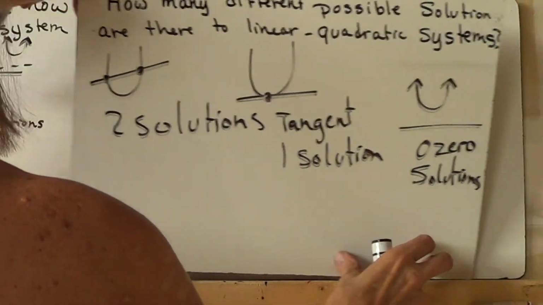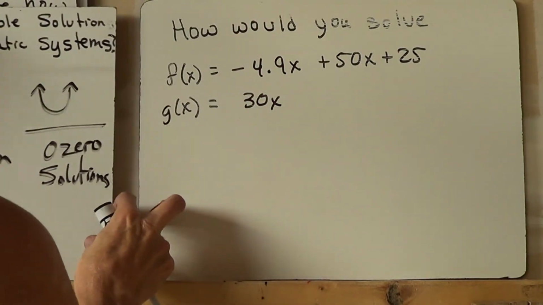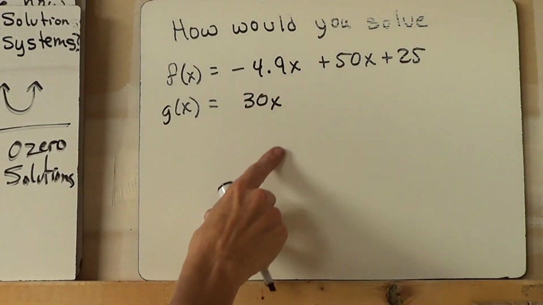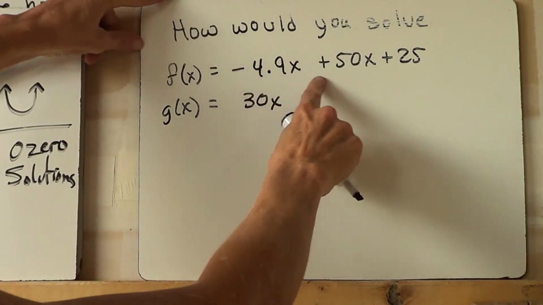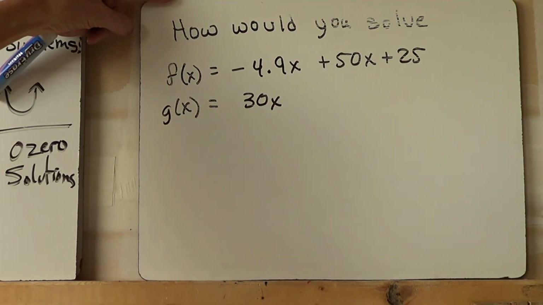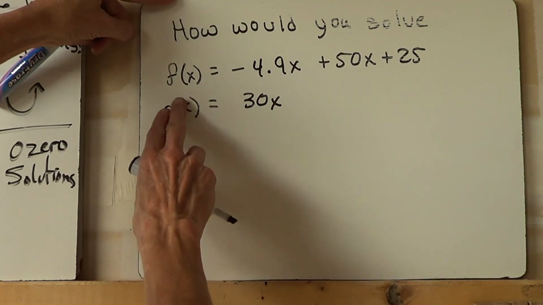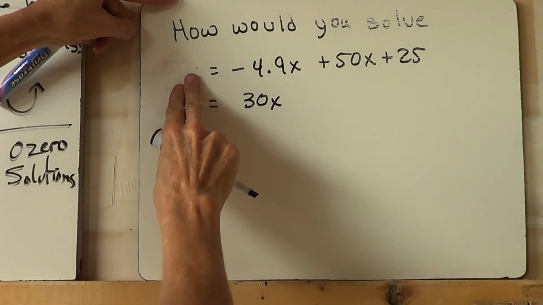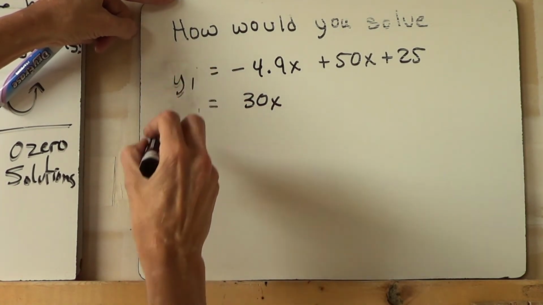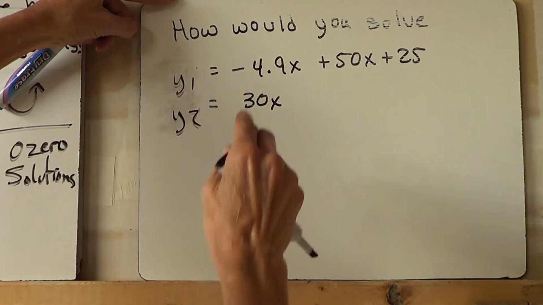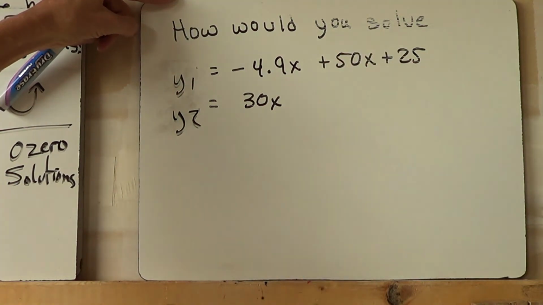Okay? How would you solve this? Where it's got the decimal in there, I would immediately put it into my graphing calculator for y1 and y2, and then use the trace button to go out and see where they cross.